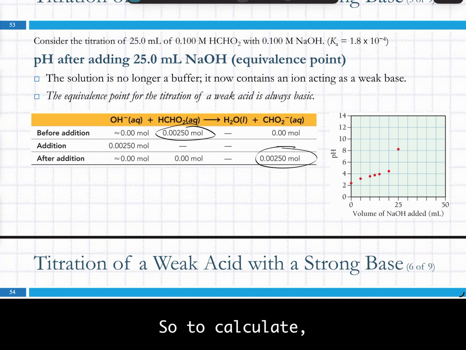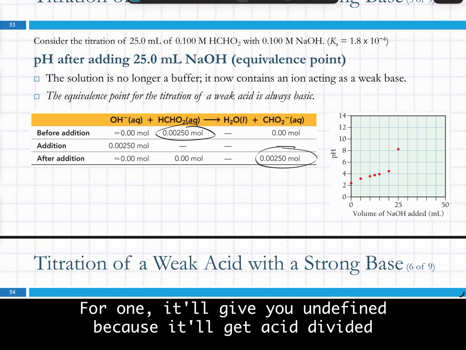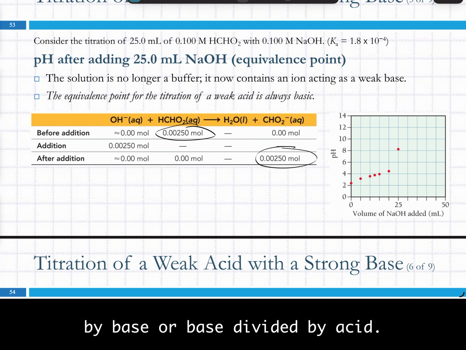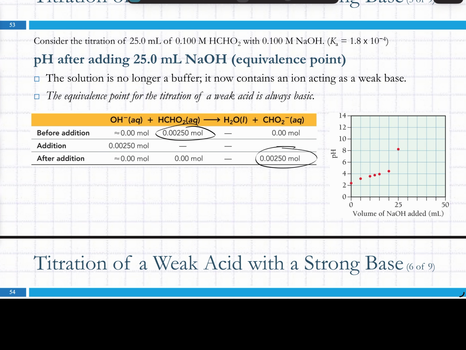So to calculate, I can't use the Henderson-Hasselbalch equation. For one, it'll give you undefined because you'll get acid divided by base, or base divided by acid, and acid here is 0. So you can't divide by 0. But we can use equilibrium.